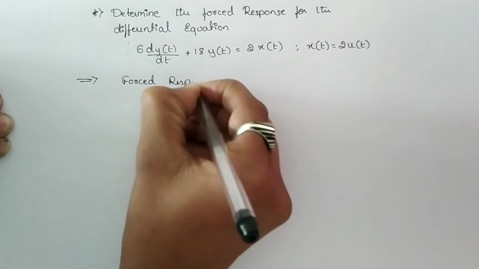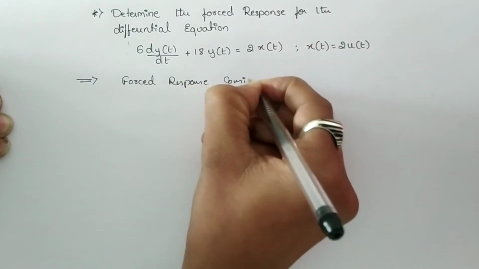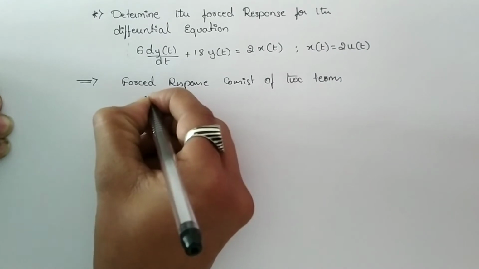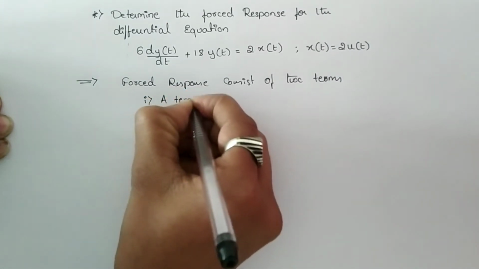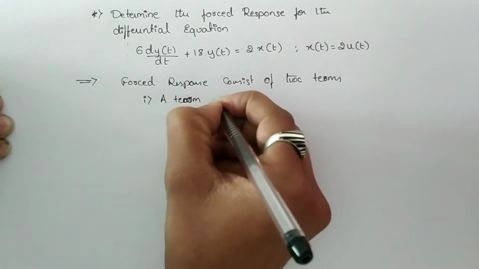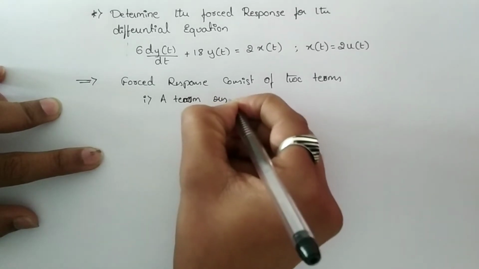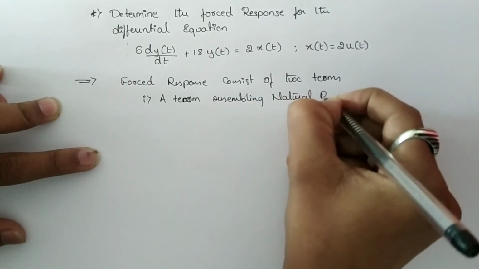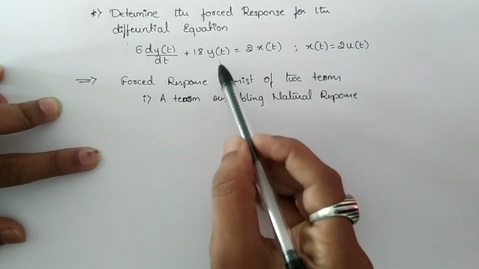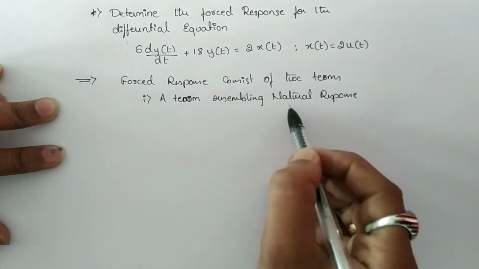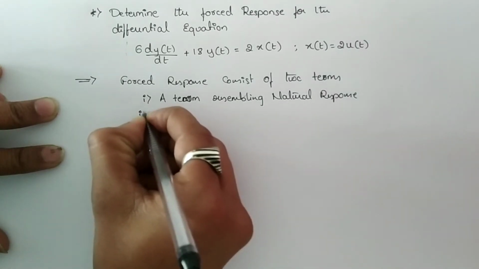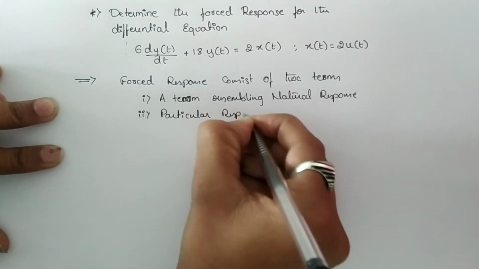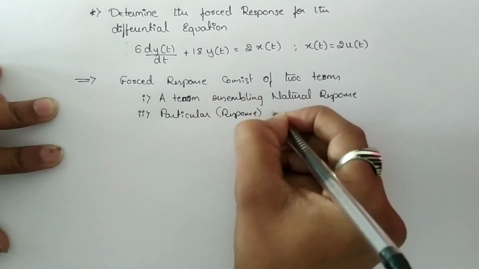Forced response consists of two terms. The first one is a term resembling the natural response, and the second term is a particular response, or we can call it a particular solution.